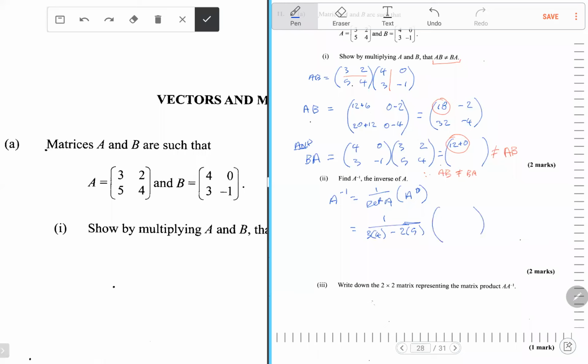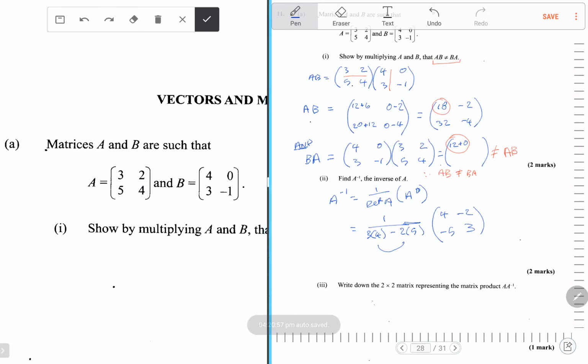Now the adjoint matrix is obtained by interchanging these two. So you get the 4 up here, the 3 down here. And then you leave these two where they are and just change the sign. So you get -2, -5. And this under here really works out to 2.